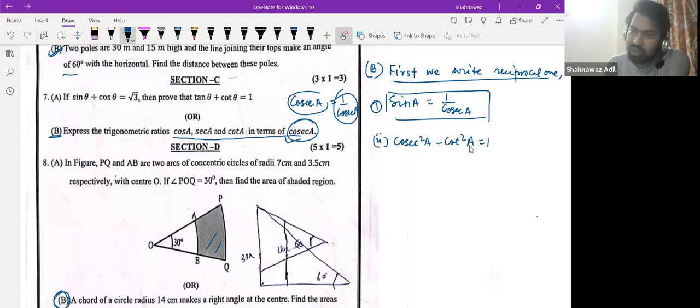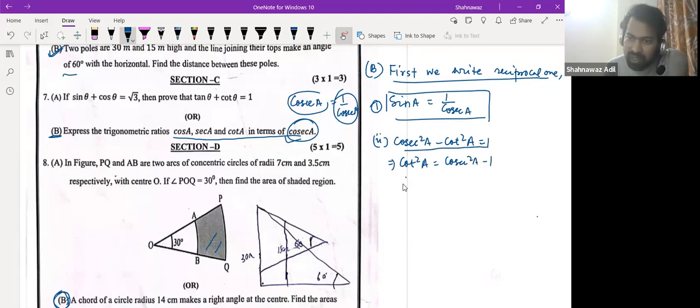So from this one we can find out cot A, right? So what would be cot square A? This is the identity. Then we write cot square A as cosec square A minus 1, right?